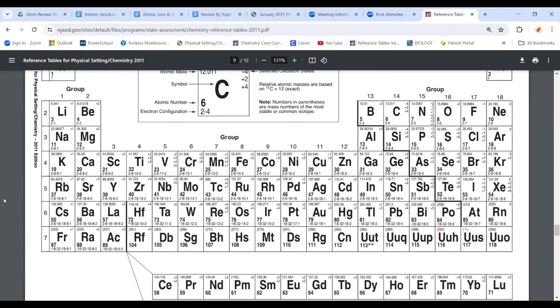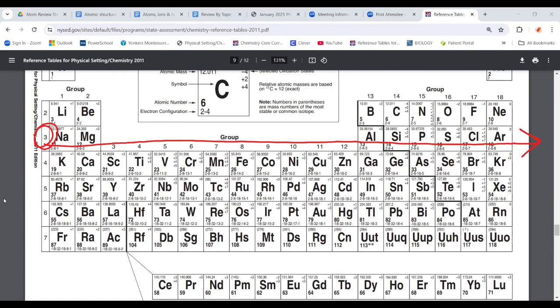I'm in period 3. Period 3 is marked right here for you. It's a row that goes all the way across. They're saying I'm going in order of increasing atomic number. This is their favorite way of making it more confusing instead of just saying go left to right.